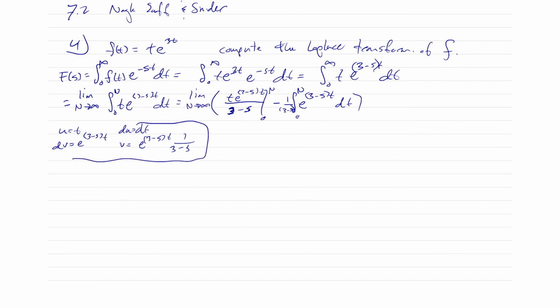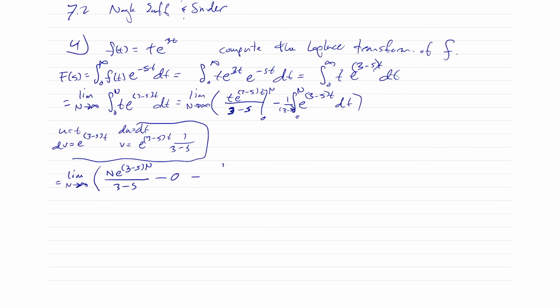Putting these off on the side, we get that the integral is equal to the limit as n goes to infinity of, well, now let's go ahead and expand this. So we're going to have n times e to the (3 minus s)n divided by 3 minus s, minus 0, because at 0, t is 0.